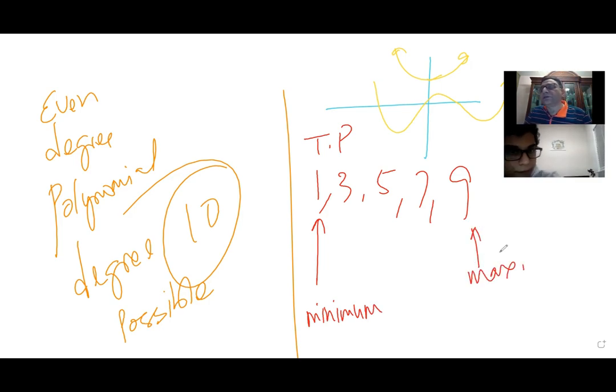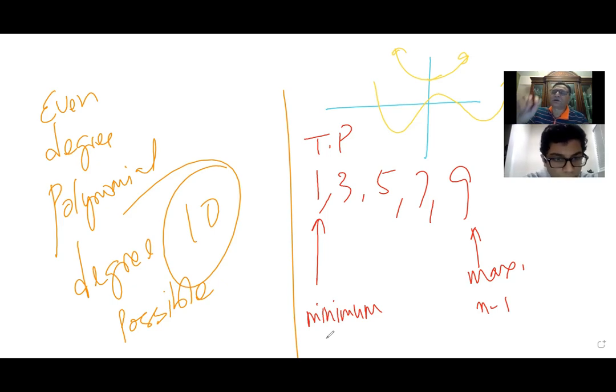As far as the maximum turning points formula is concerned, it is always n minus 1. As far as minimum is concerned, it really depends on whether the function is odd or even, correct? So it is 1 for even and none for odd. Is this part clear? Okay.